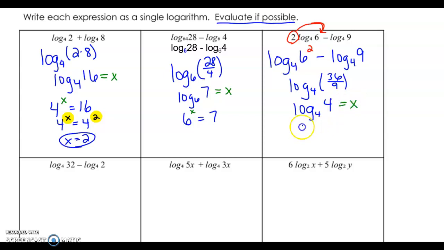Why is it 1? If I take the base to the power, I get 4. Well, 4 is just already to the first power, so your x is going to be 1.